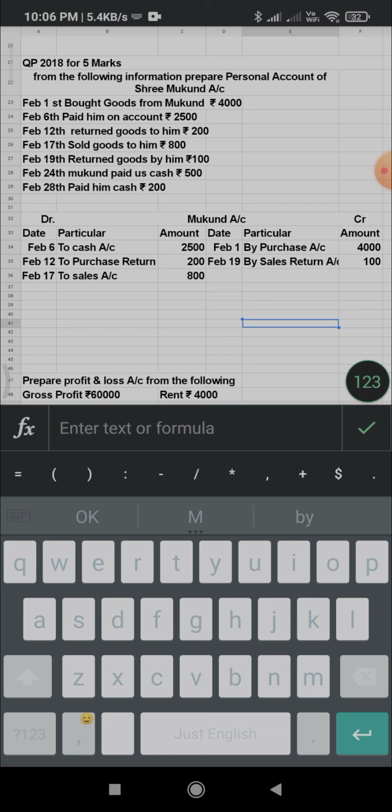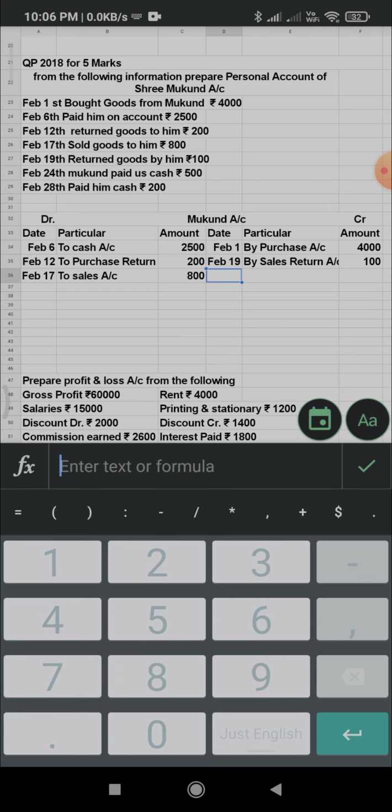Next one, February 24th, Mukund paid us cash rupees 500. So here Mukund is paying us, which means in business cash comes in. Now, is Mukund a giver or receiver here? Mukund is a giver, so his account should be credited.